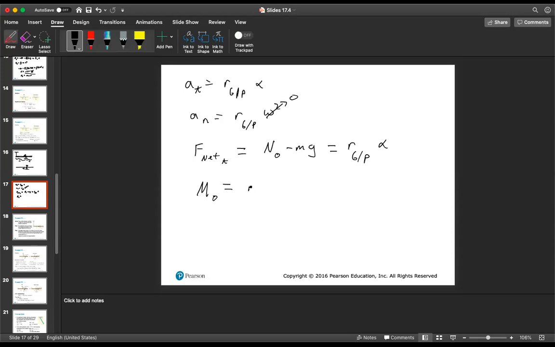So it's going to be mg times the vector from point O to G, and that's supposed to equal the moment of inertia at point O times alpha.